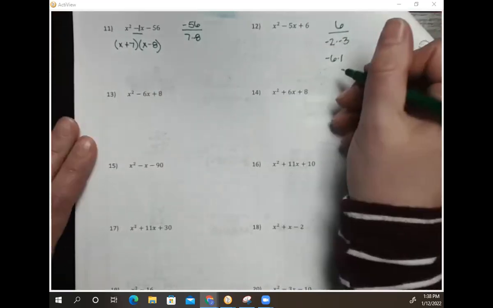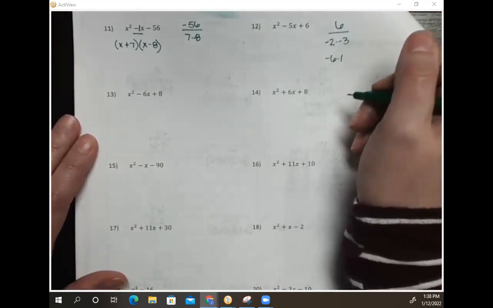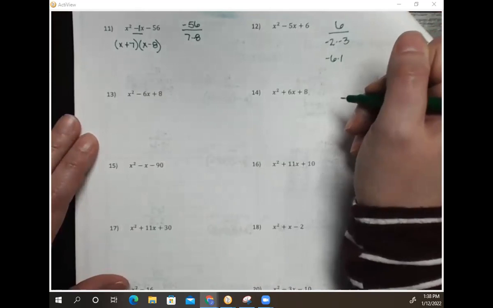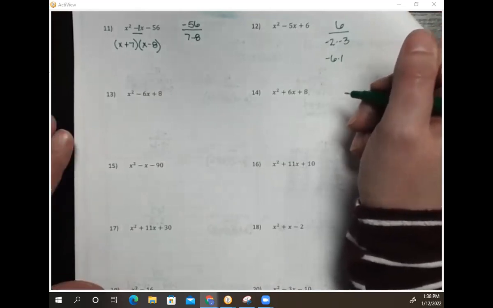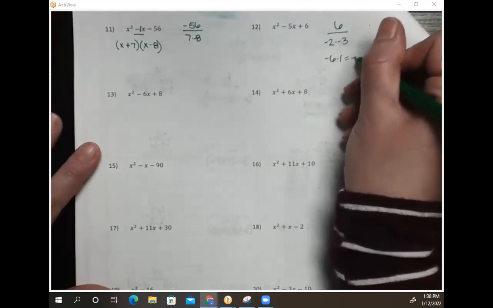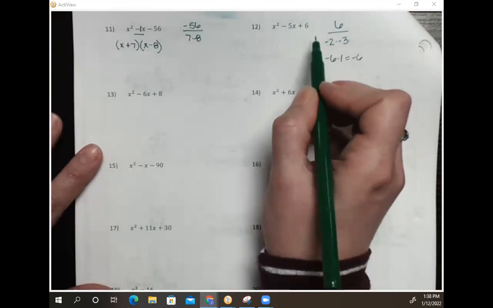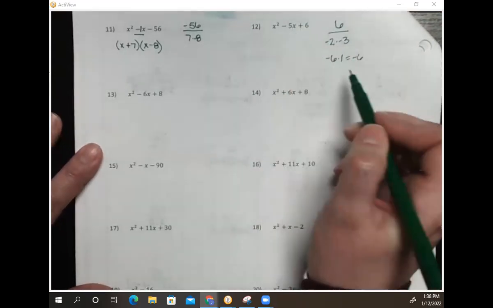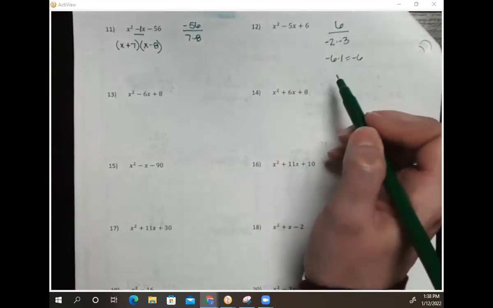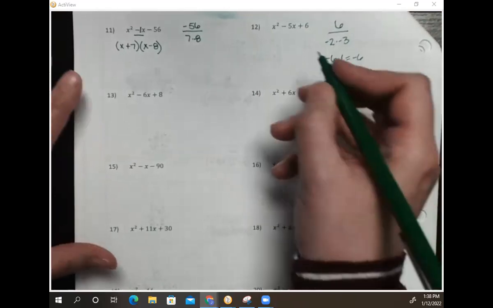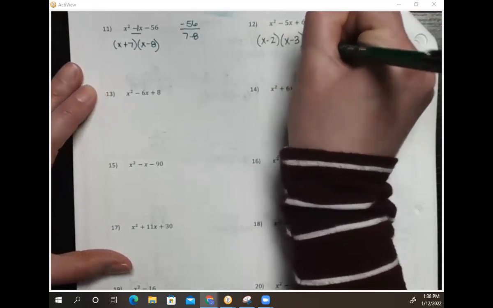It adds to negative 5. Yeah, but this multiplies to negative 6. So many people, if I give you this problem, will factor it this way. I bring it up because I don't want you to make that same mistake. So this would be x minus 2 times x minus 3.